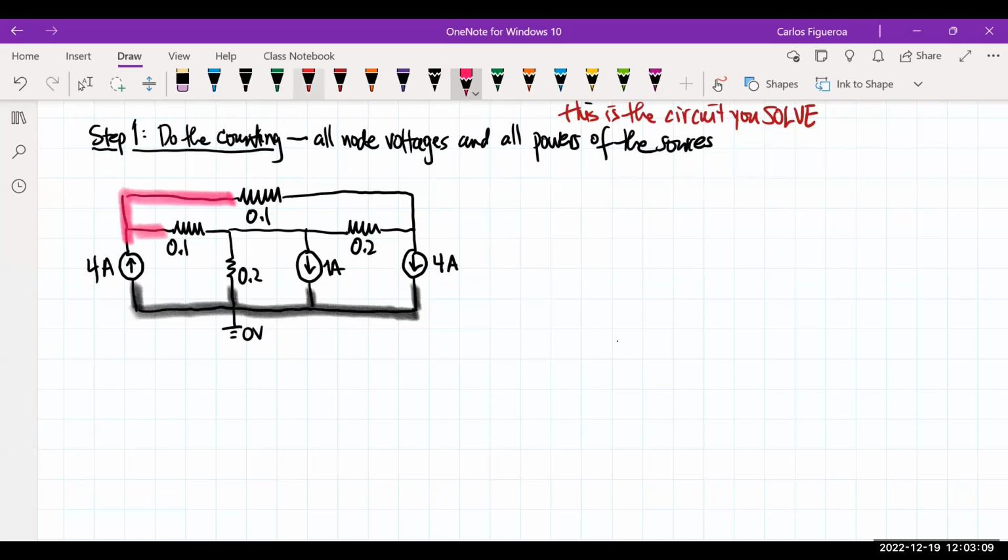I'm going to call this node V1. I'm going to call my green node V2. And then I'm going to call this middle node V3. Okay. So now I want to do the counting. So this is the number of nodes.